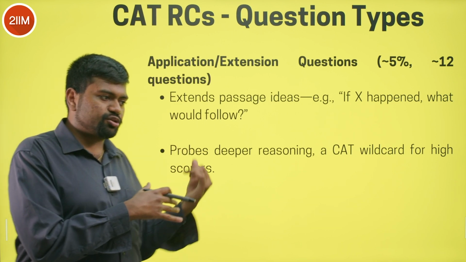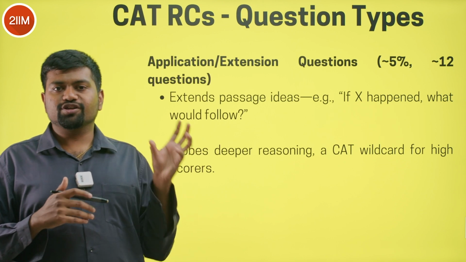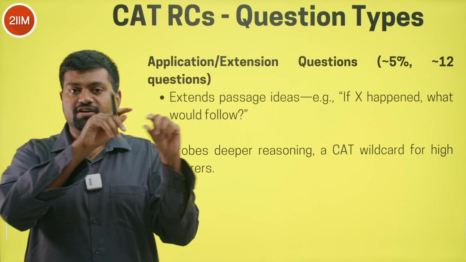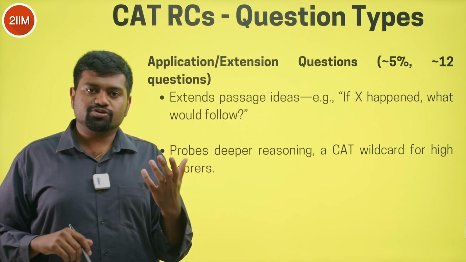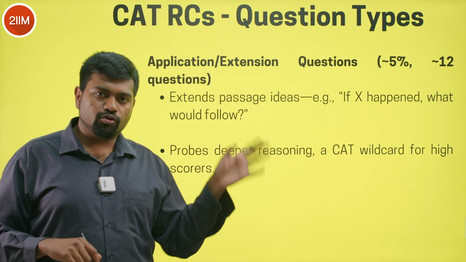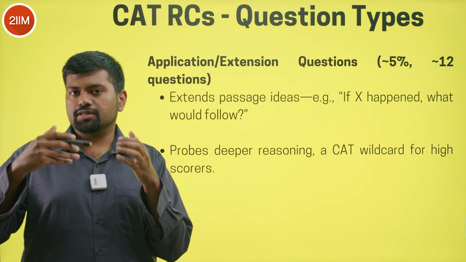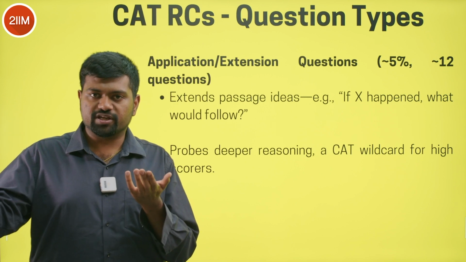Now, an application extension question would give you options which have nothing to do with the passage, but there's an underlying theme. So the question could be, which of these four options best fits the Australian prison experiment.